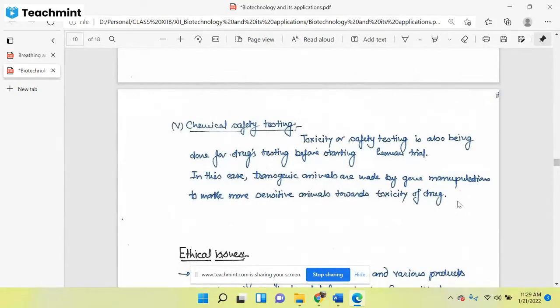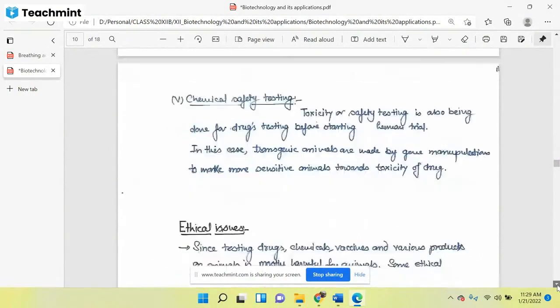We manipulate some genes to make different diseased human models, to make sensitive human beings. We produce transgenic animals, and on the population of those transgenic animals we test different medicines and different drugs. From the next class we will start the ethical issues.